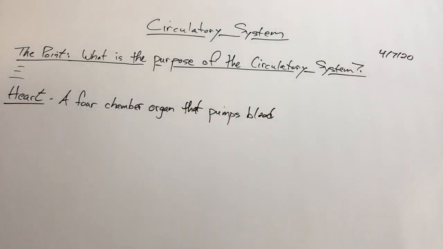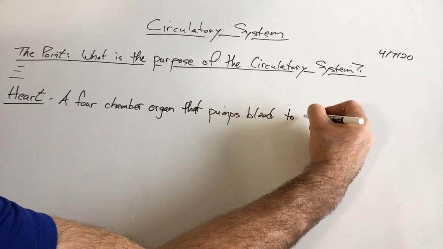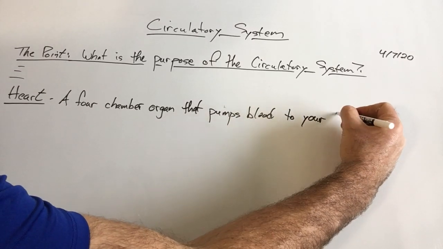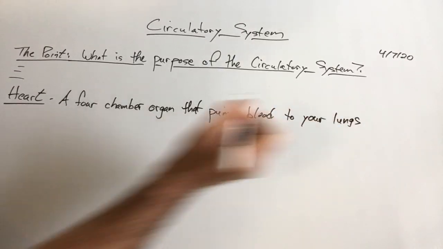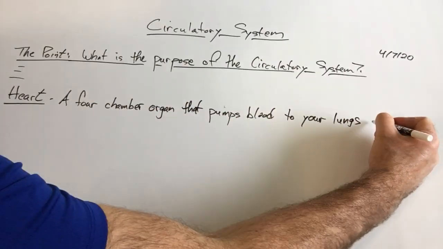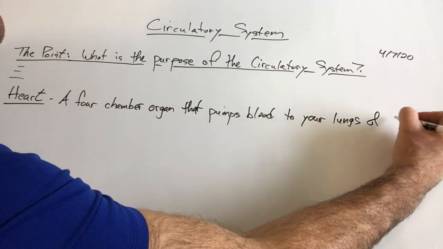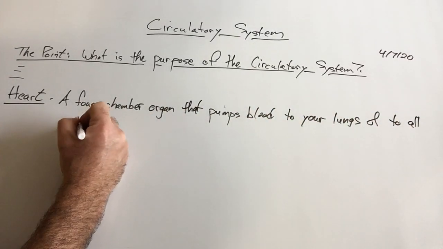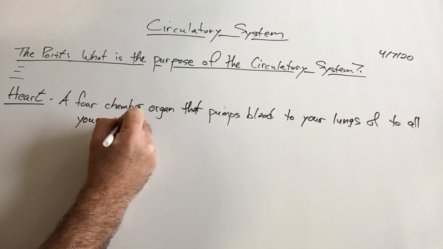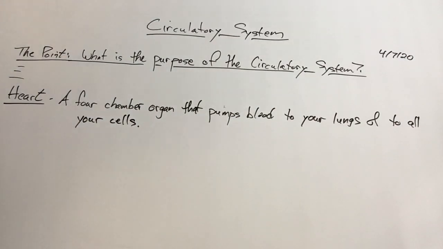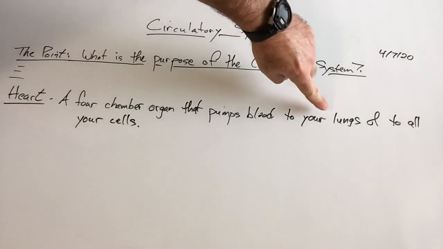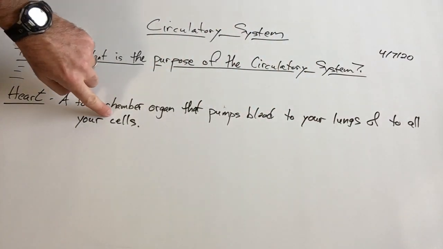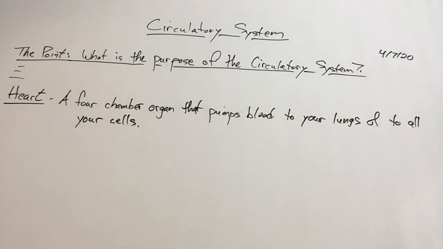It pumps blood to your lungs and to all your cells. So one side of your heart will pump it to your lungs, and the other side of your heart pumps it to your cells. And we'll talk more about that in just a minute. Again, if I'm going too fast, pause the video. That's the kind of nice thing about video.